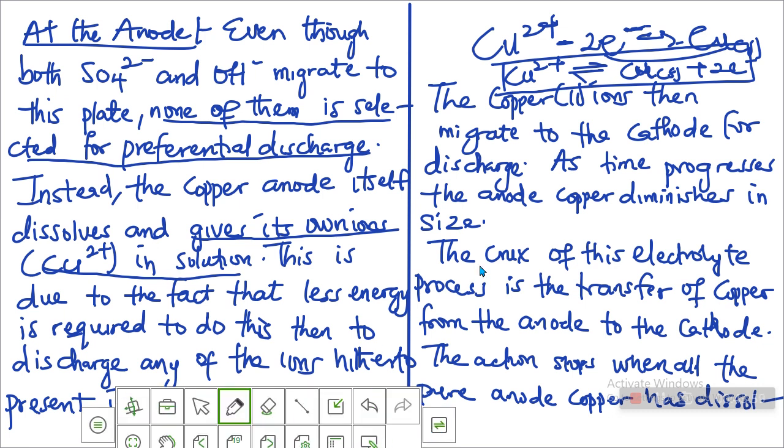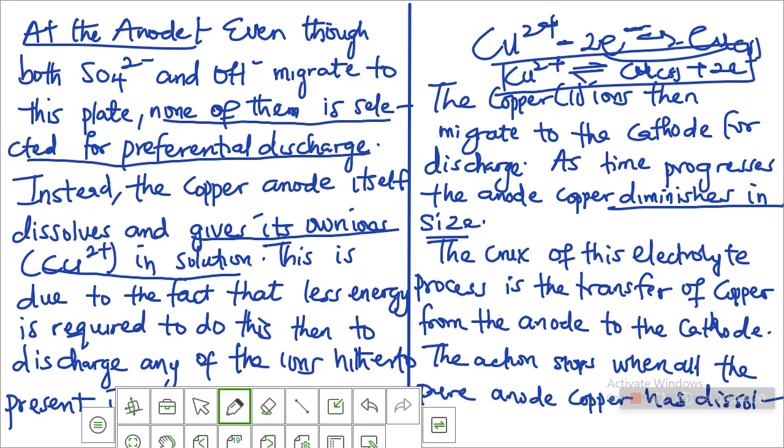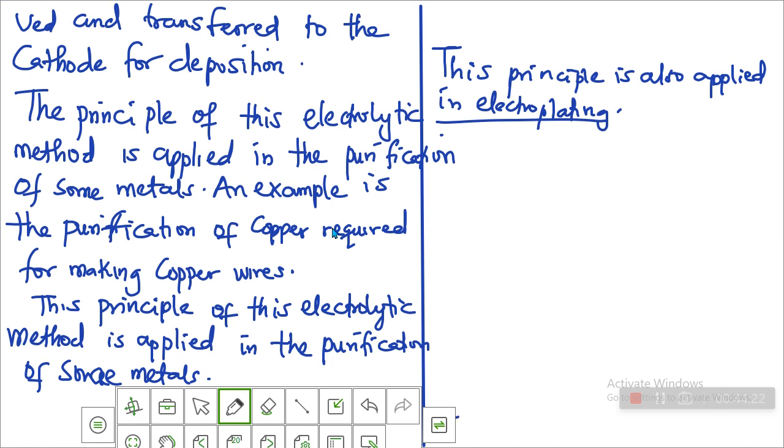Let's continue. Now we normally apply this equation in many things. So the copper(II) ions then migrate to the cathode for discharge. As time progresses, the anode copper diminishes in size. So the cause of this electrolytic process is the transfer of copper from the anode to the cathode. The action stops when all the pure anode copper has dissolved and been transferred to the cathode for deposition.